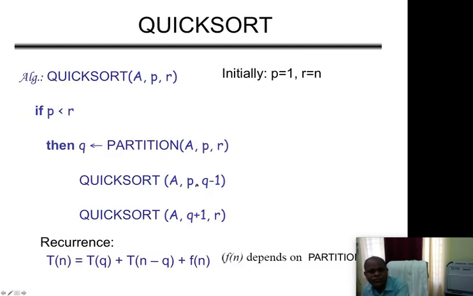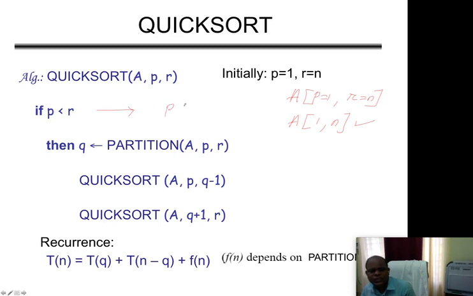Hence, let us see the Quicksort algorithm. Initially, if an array is given, p is equal to 1, because we start from index 1, and r is equal to n, because if we want to sort n elements, the index goes from 1 to n. Now this is the check for the base case.